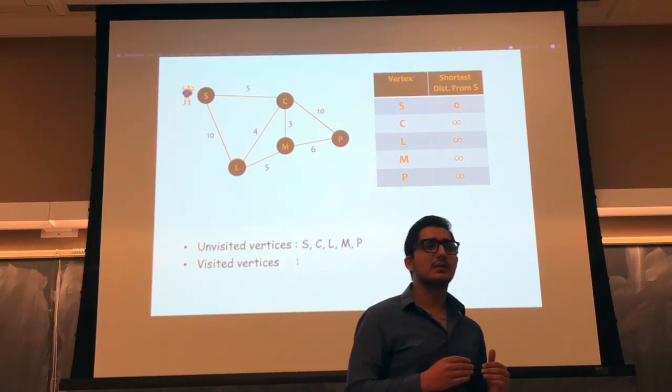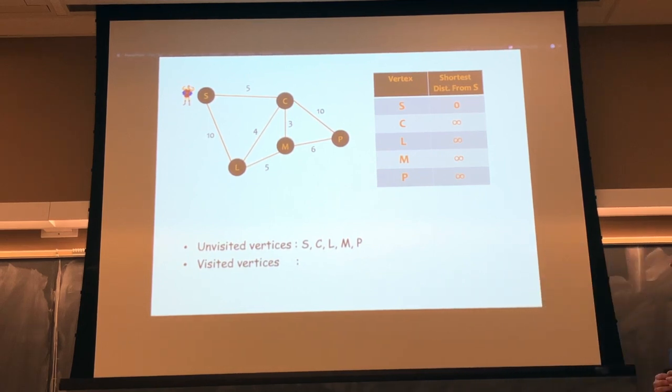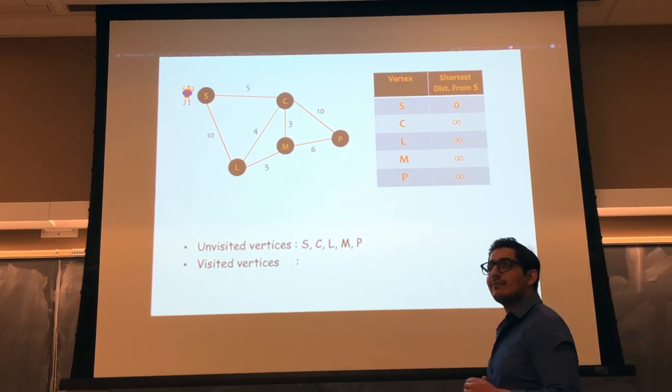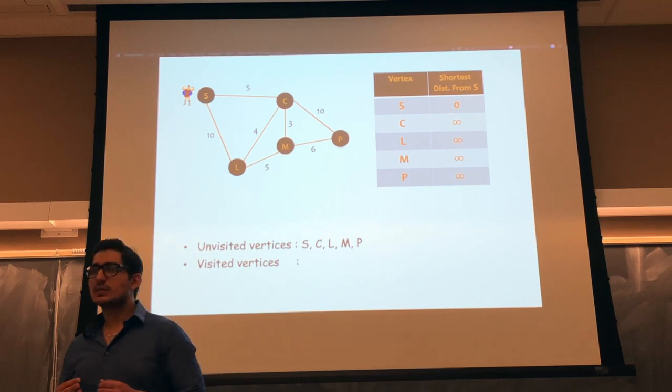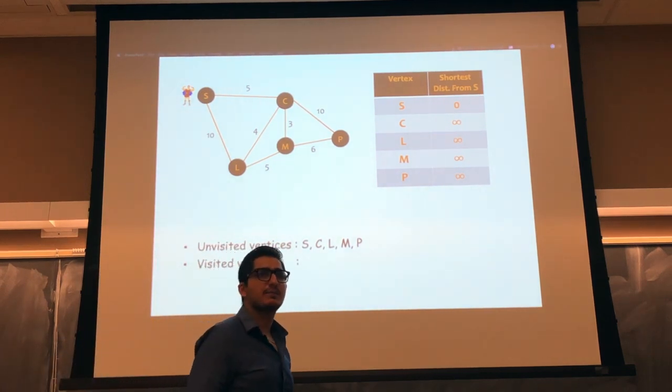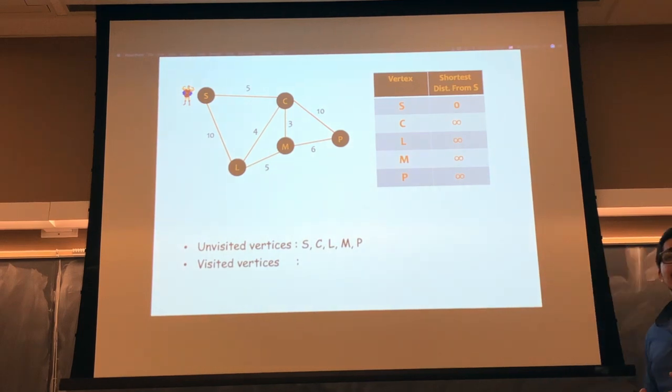Initially, all vertices are unvisited. Now that we have the initial setup, we can start the second phase of the algorithm, which is a series of iterations. Each iteration corresponds to a vertex. And it works as we see briefly in this example.